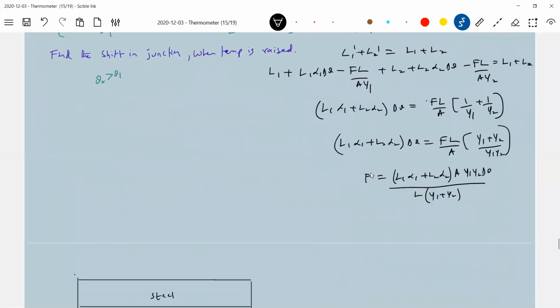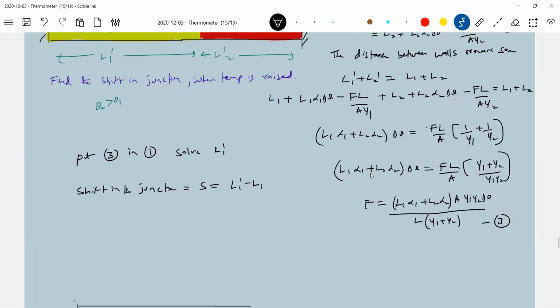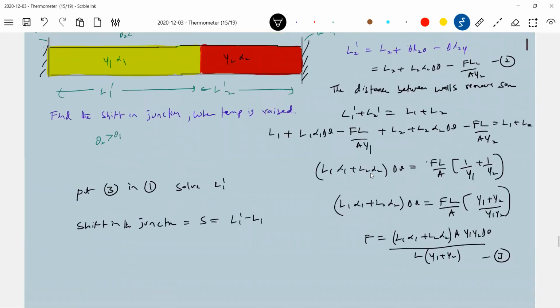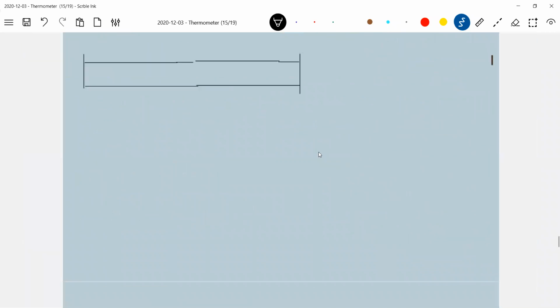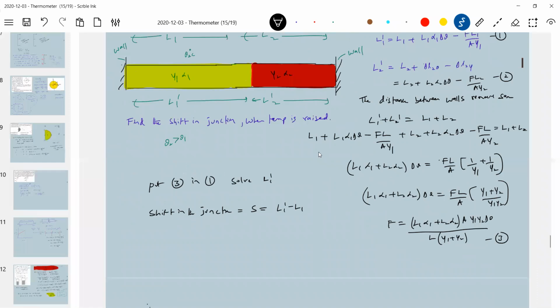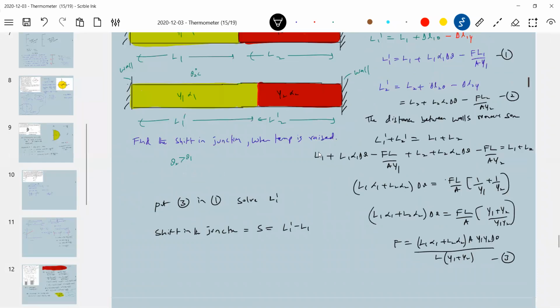Okay, put 3 in 1, solve for L1 dash. Then the shift in the junction will be... okay, can you work this out? So this is some basic idea of this one. We do have some applications related to this. That we will take up now.